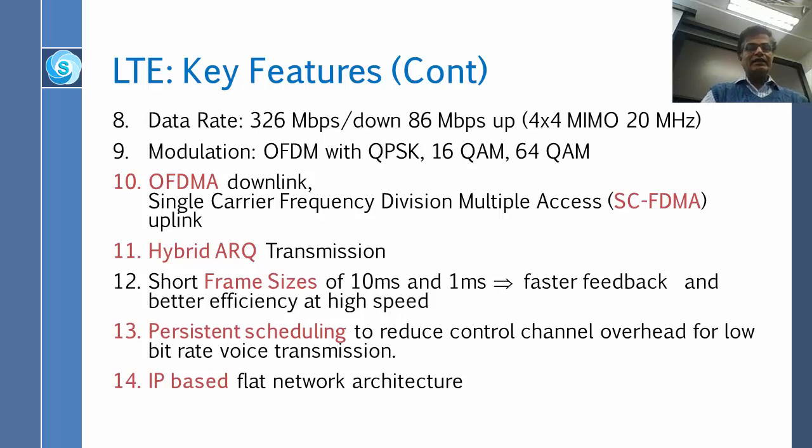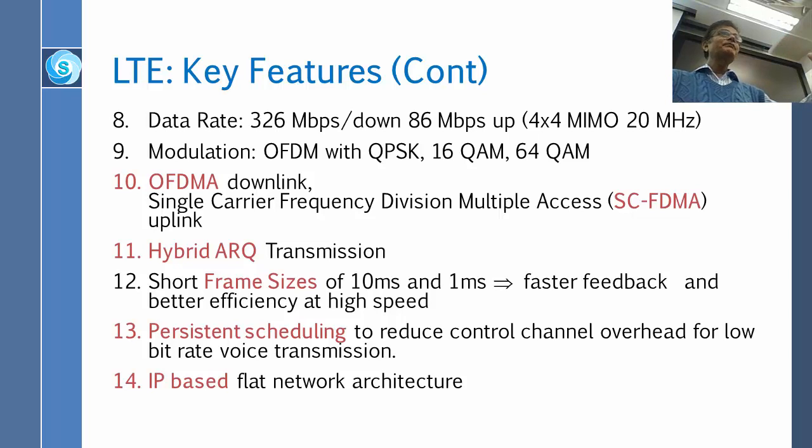OFDMA in the downlink. So now we are not doing FDMA or TDMA. Multiple access means how do we share? Multiple users share the link using OFDMA. OFDM is modulation. OFDMA is the access method. OFDM is modulation, meaning that you divide into multiple carriers.